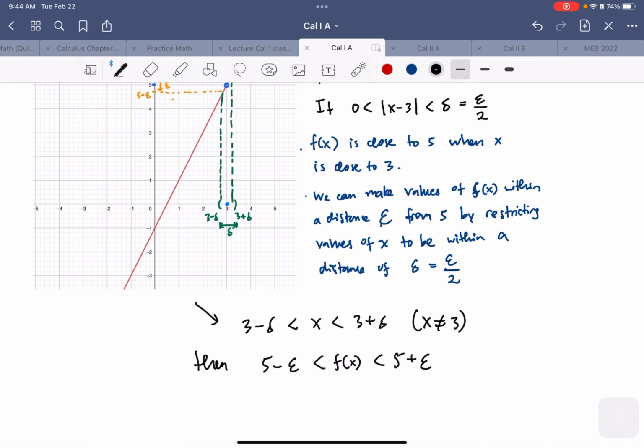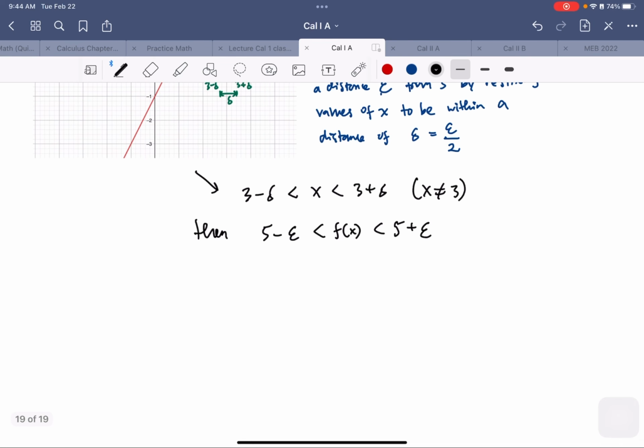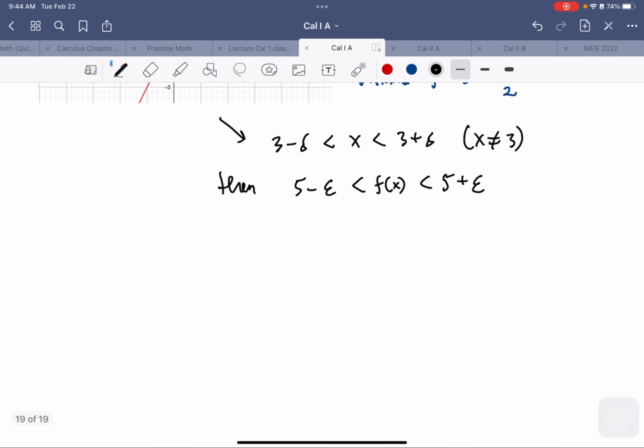Okay, so generally, if we write it in exact words, maybe I will finish this. I think this is the most important one. So, precise definition.